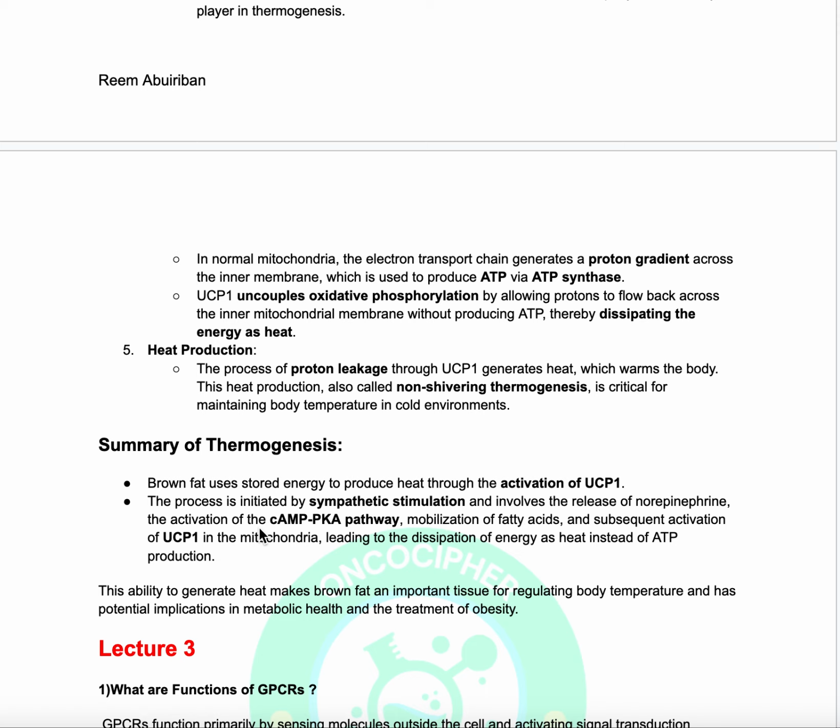The process is initiated by sympathetic stimulation, which involves the release of norepinephrine, the activation of the cAMP and protein kinase A pathways, and that leads to the mobilization of fatty acids and the subsequent activation of uncoupling protein 1 on the inner membrane of the mitochondria, leading to the dissipation of energy as heat instead of ATP production.